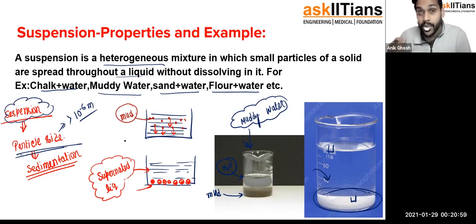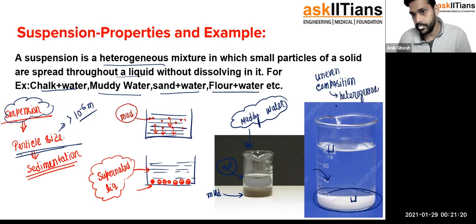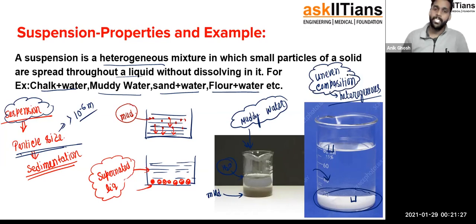They have different compositions, isn't it? Because the compositions are uneven, we are going to call it heterogeneous. Fine. Because of the uneven composition, we call it a heterogeneous mixture.